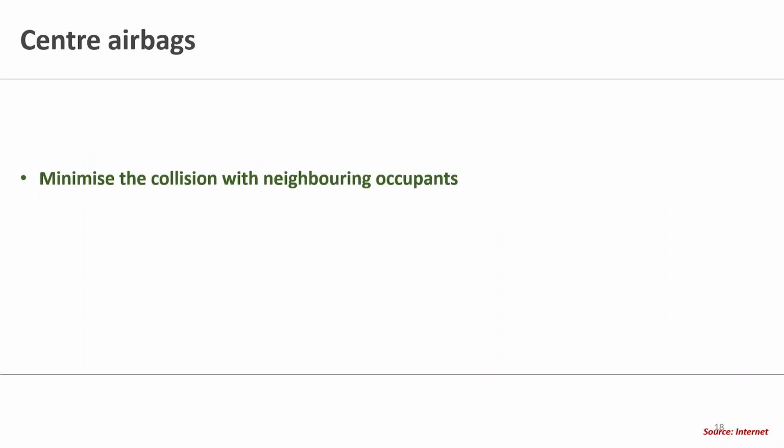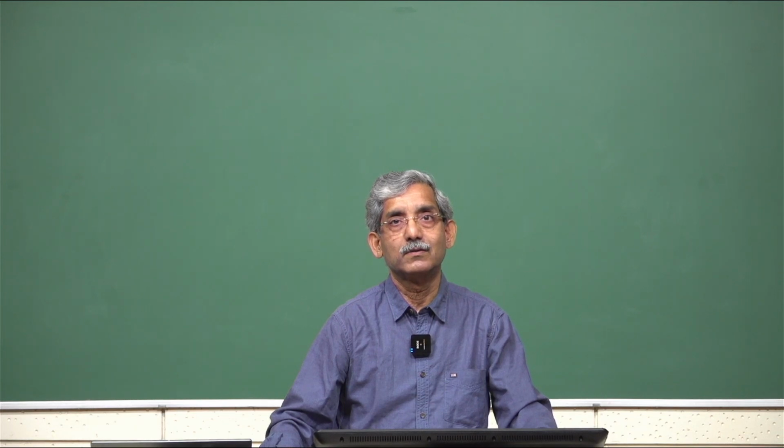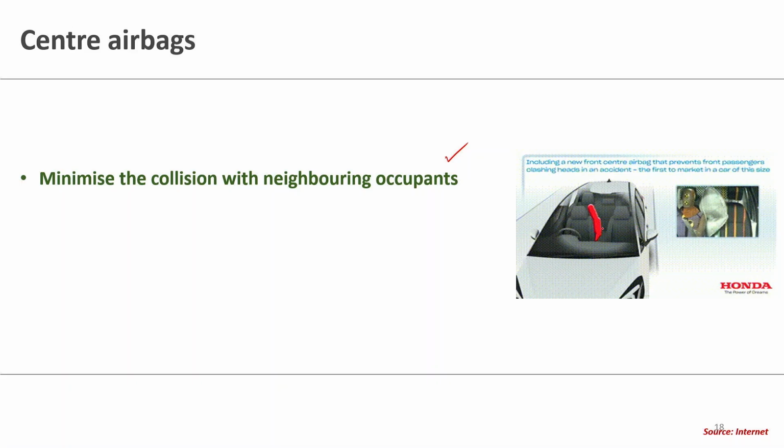Then there is the center airbag, which minimizes the collision with the neighboring occupants. Between the two occupants there will be a center airbag. You can see this is a center airbag. Between the occupants, the center airbag will get inflated, which will minimize the collision with the neighboring occupants.